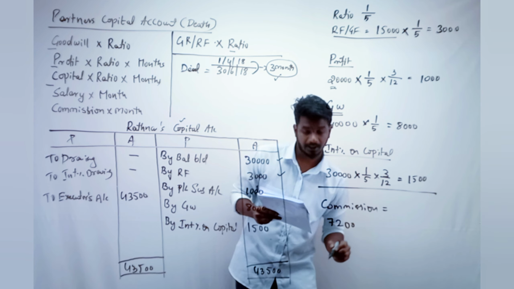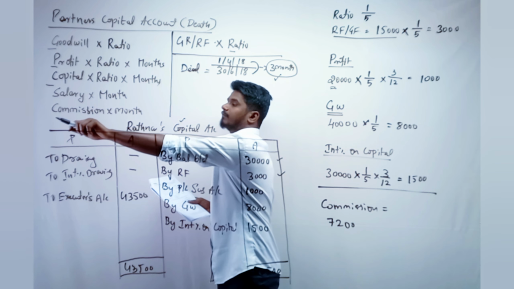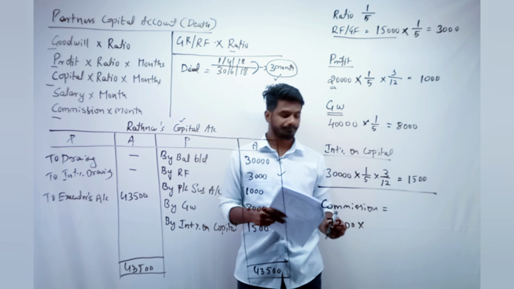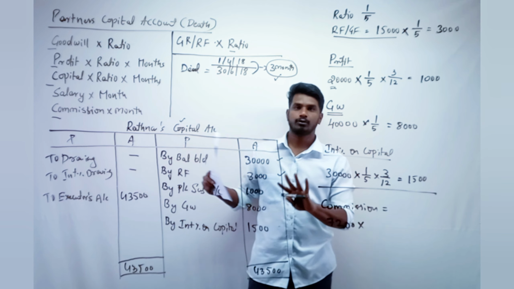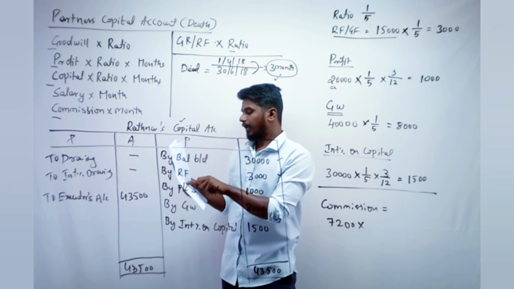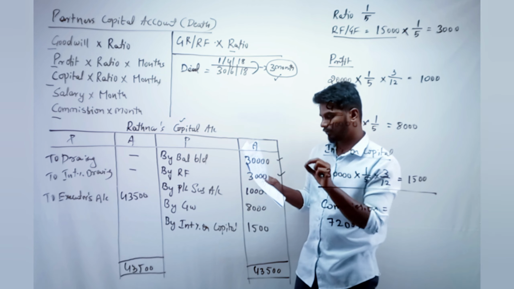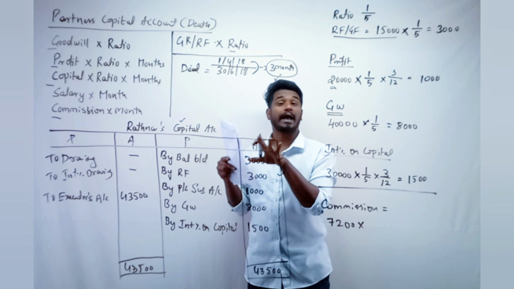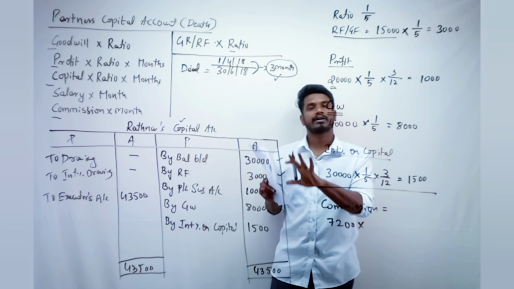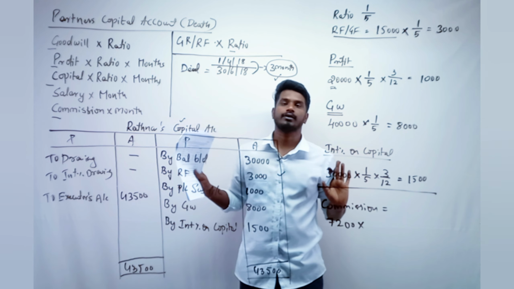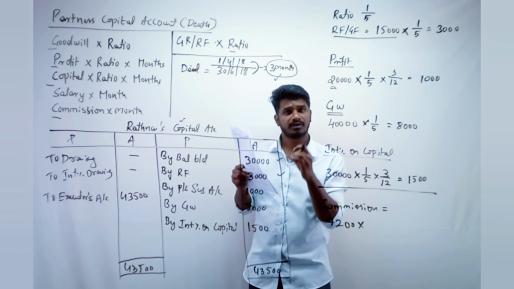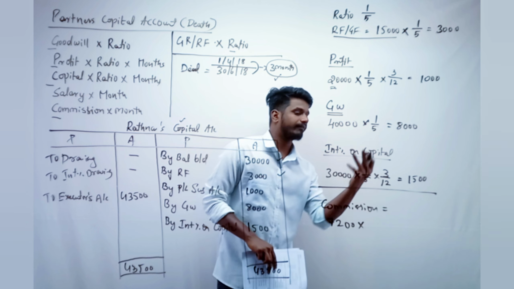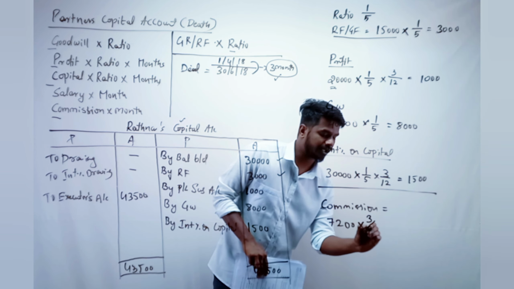7,200, correct. So for commission, what is the formula? Commission into months. If there is only commission without the word annual, you can straight away record the commission. But if the commission is annual, we need to multiply with the months, 3 divided by 12.